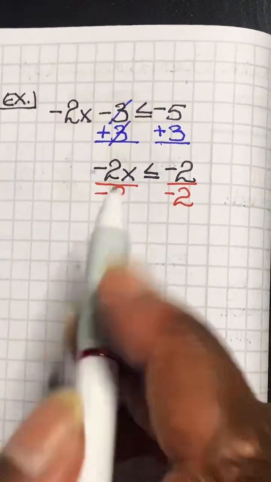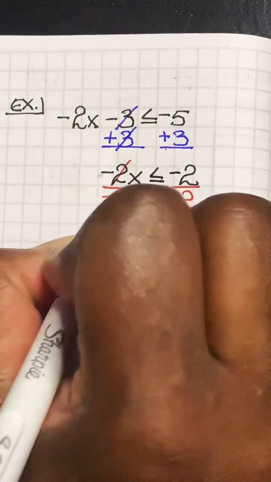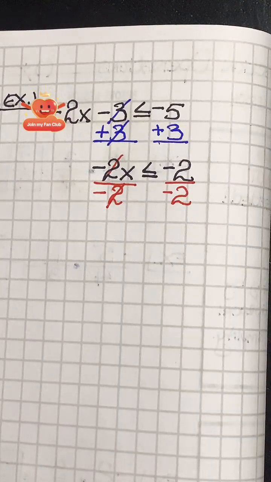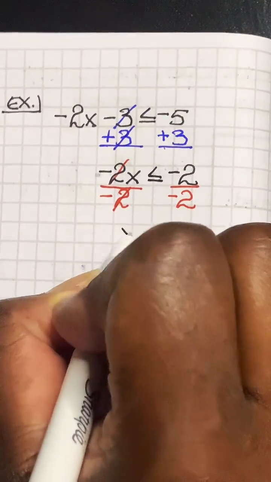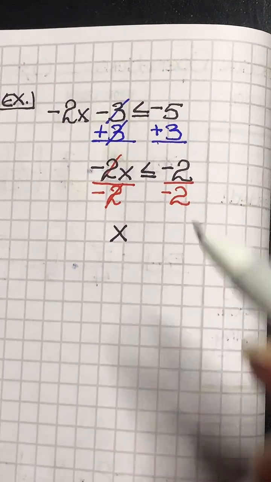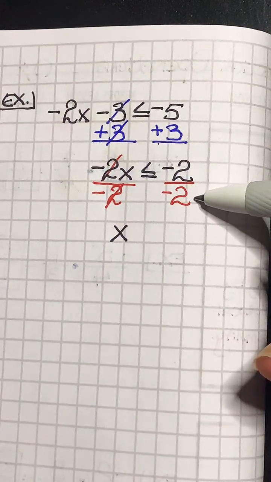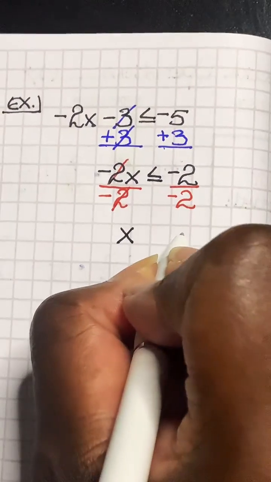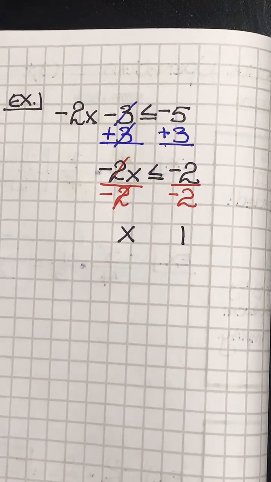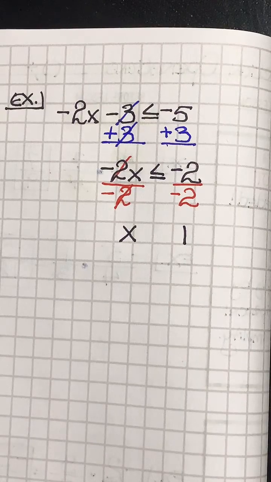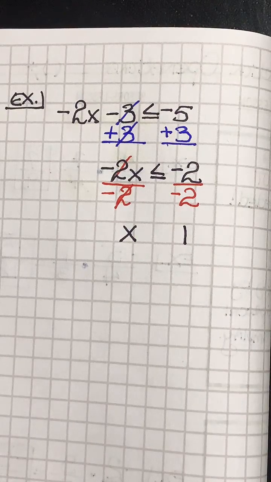So negative 2 divided by negative 2, they cancel out to give me 1. But I don't need the 1 because it's assumed with the x. Negative 2 divided by negative 2, that gives me a positive 1.